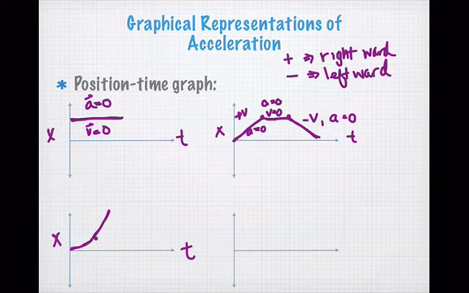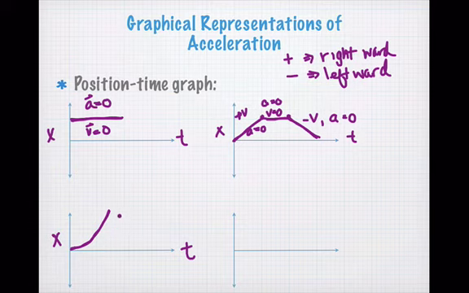Is our slope constant? It's not. It's changing. Remember, acceleration is a change in velocity over time, and the slope of an x-t graph is velocity. So we have a changing slope, a changing velocity over time. So we have an acceleration here.